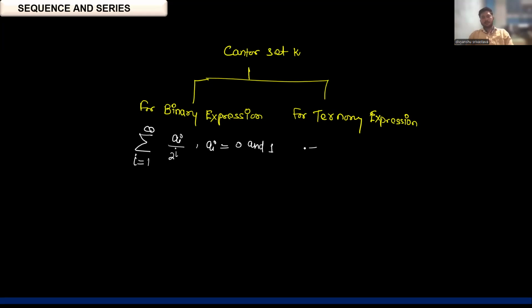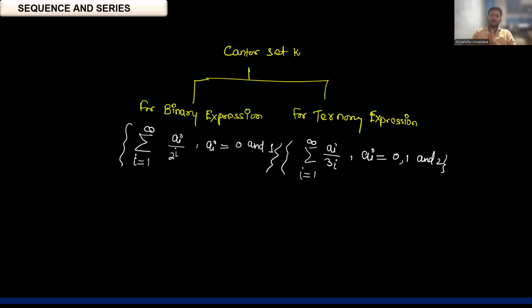And second thing is summation from i to infinity of ai upon 3^i, where ai equals 0, 1 and 2. So these are two cases. First one is binary expression, and second thing is for ternary expression.